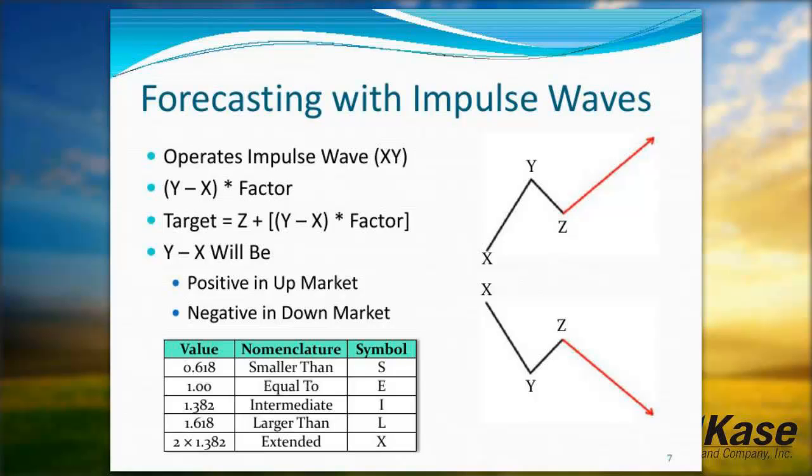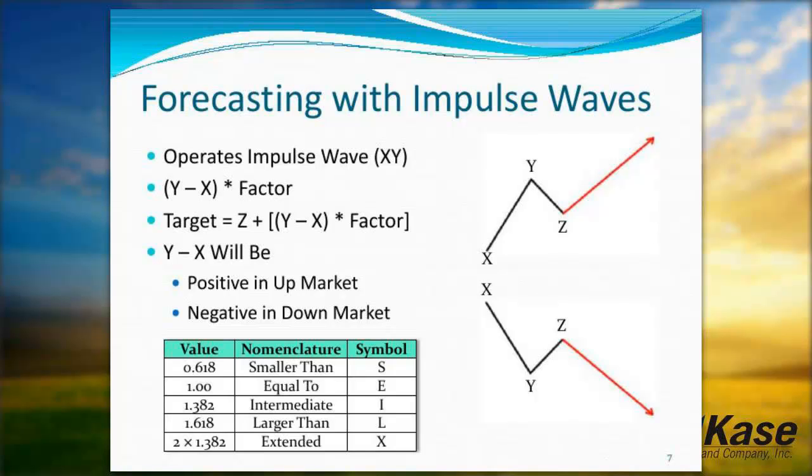So we use the nomenclature of smaller than, equal to, intermediate, larger than, and extended for the 0.618, 1, 1.382, 1.618, and 2 times 1.382 values respectively. And those have symbols that we'll use in the charts.